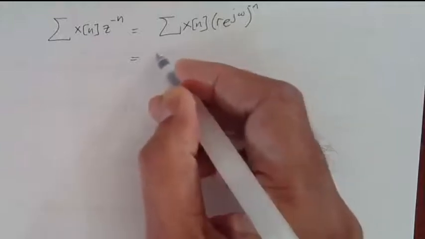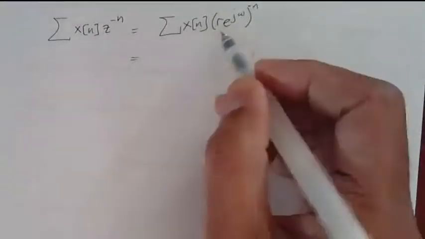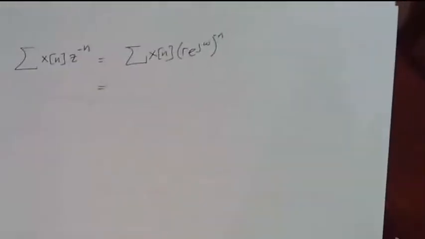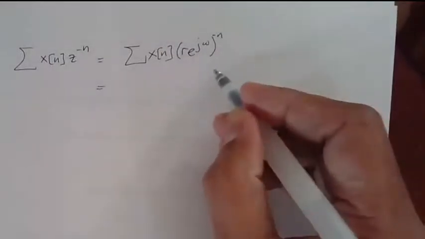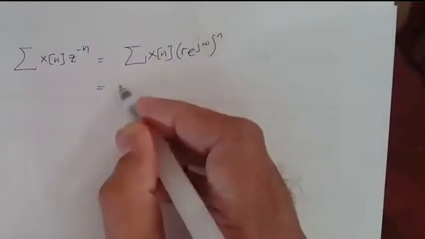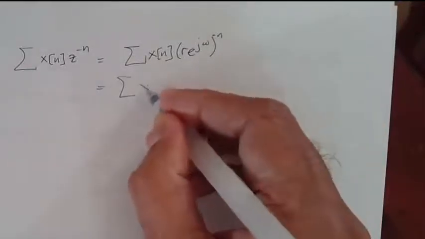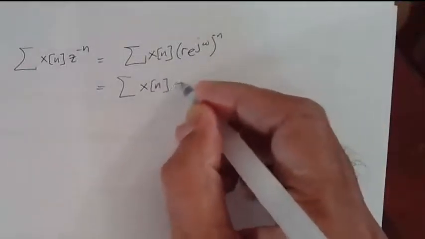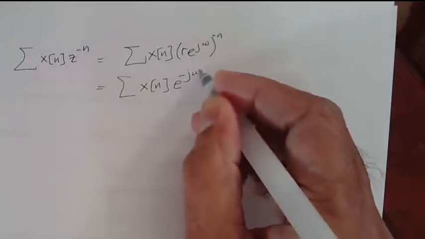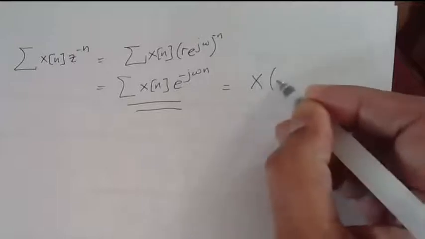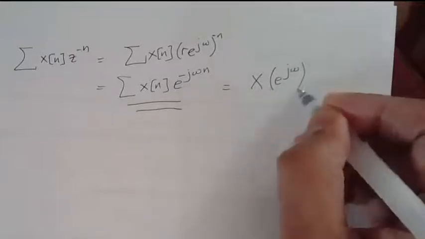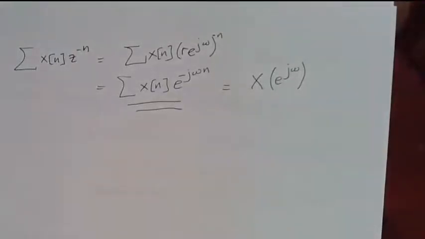If I decided to evaluate this on the unit circle, then r would be 1, and I would get x of n e to the minus j omega n. But that's just the discrete time Fourier transform, x of e to the j omega. And the discrete time Fourier transform only exists for stable systems.